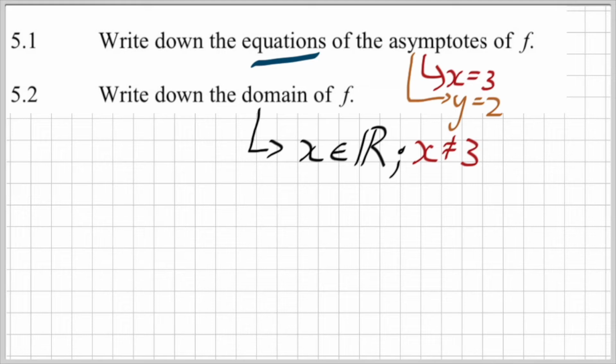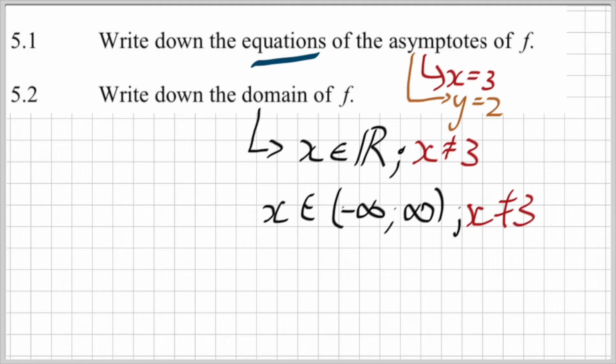Some teachers might say you must write it like this: x can go from negative infinity up to positive infinity, and x may not be 3. That's exactly the same thing.